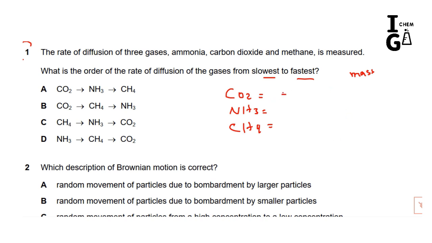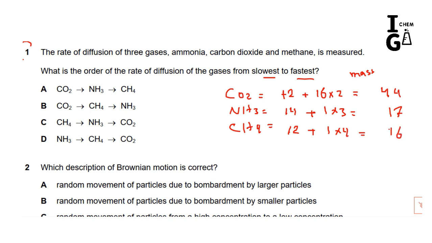So for carbon dioxide it's 12 plus O, which is 16, times 2, so it's going to be 44. For ammonia we have N, 14, plus H, which weighs 1, times 3, so this is 17. And finally for methane, CH4, C weighs 12 plus hydrogen weighs 1 times 4, so this is 16.